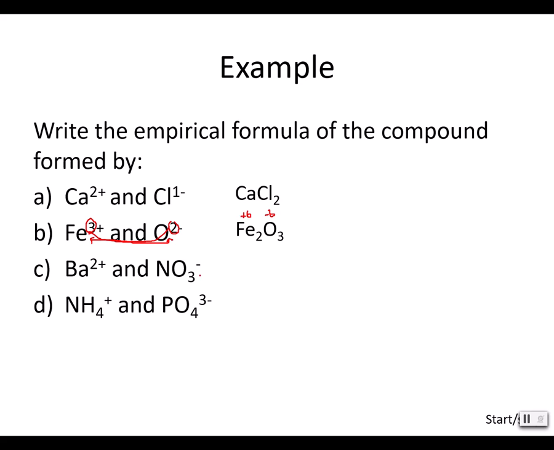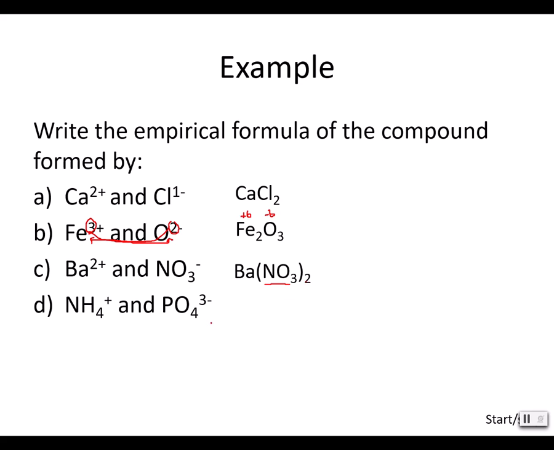If I just put a 2 out by the NO3, it would not be very clear as to how many of that species I had. So to clearly designate that I have 2 of the entire polyatomic NO3, use parentheses.